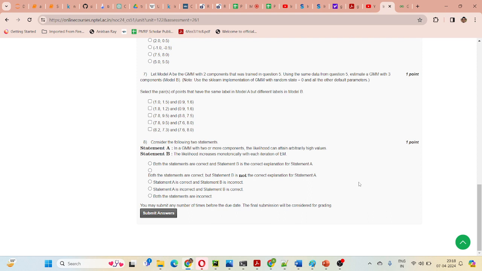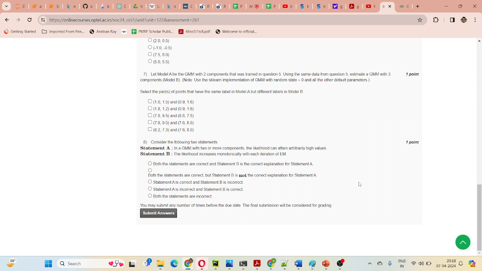A: likelihood can attain arbitrary high values with two or more components. That should not be the case actually.